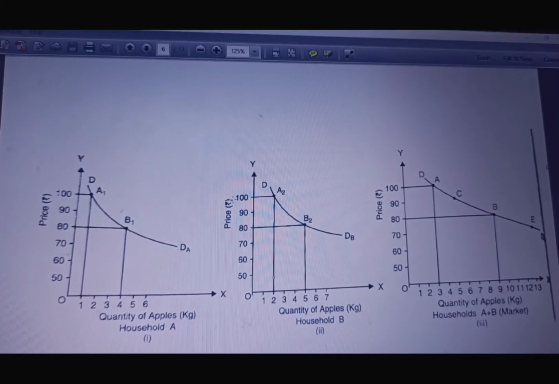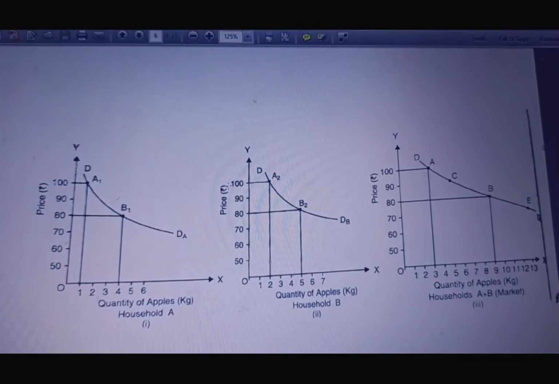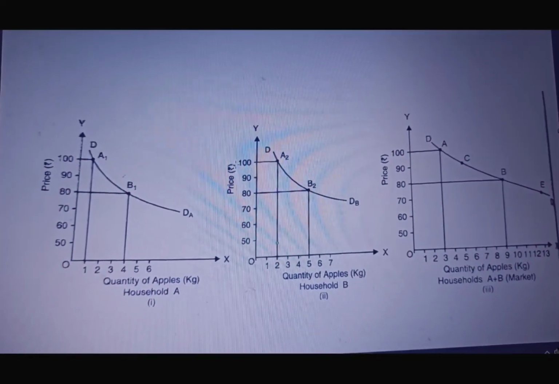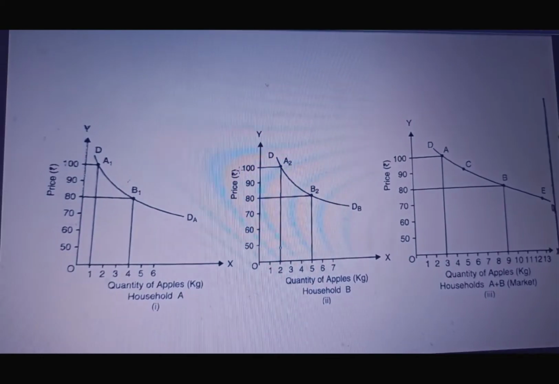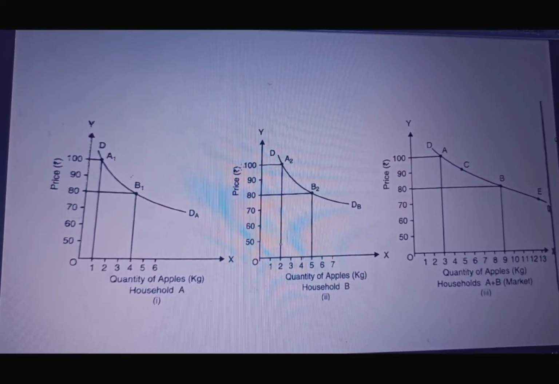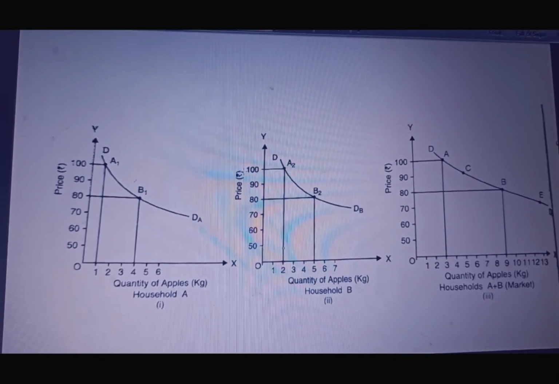Like that, with the help of a pencil, we match these dots, and the market demand curve is ready. It is not a tough task to make a market demand curve. You can make it easily with the help of the market demand schedule.